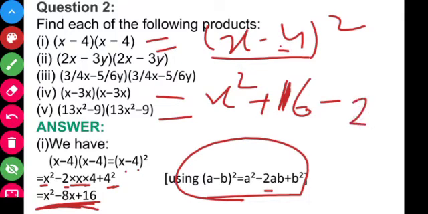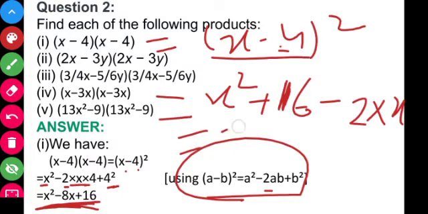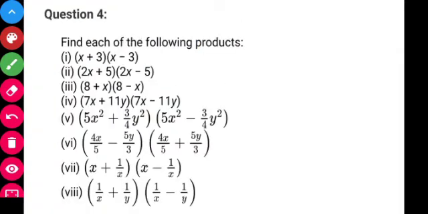So 2, a is x and b is 4. So 2 into x into 4. Okay. So this will be x square plus 16 plus 2 into x into 4, is 2 fours are 8, minus, it will be minus 8x. Okay. Now come to the next question.